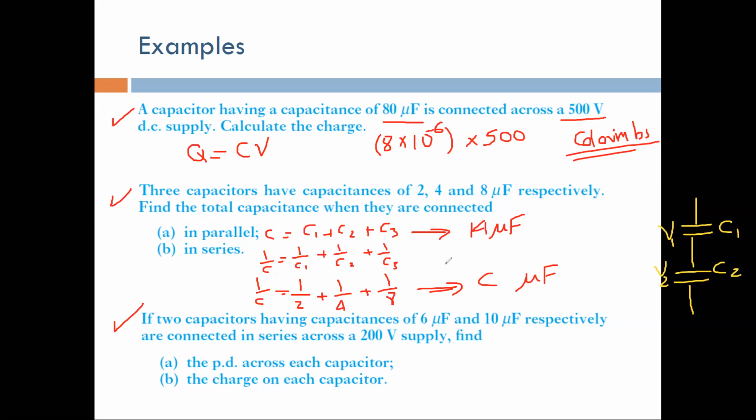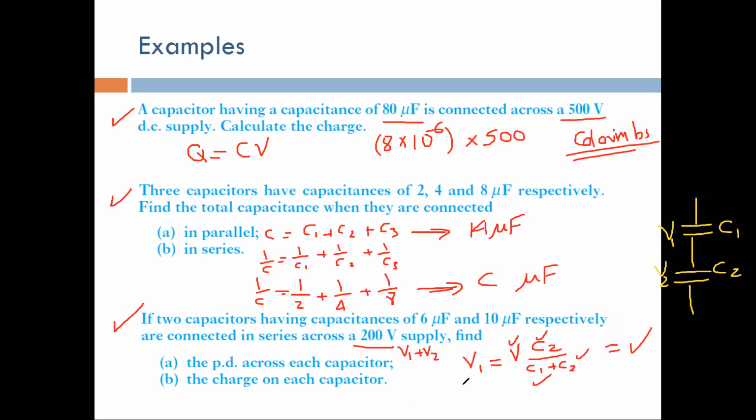Here, what you need to compute is the voltage difference across each capacitance. So basically, this is the 200 volts. This is the total, V1 plus V2. You need to compute V1. V1, from the equation we just derived, will be equal to V times C2 over C1 plus C2, right? You already have that. You have both of them.